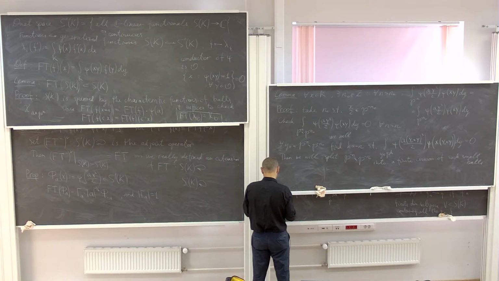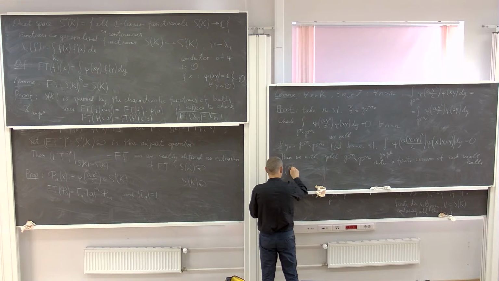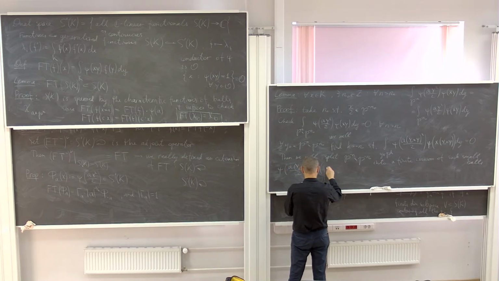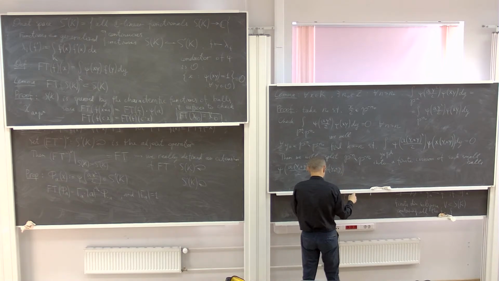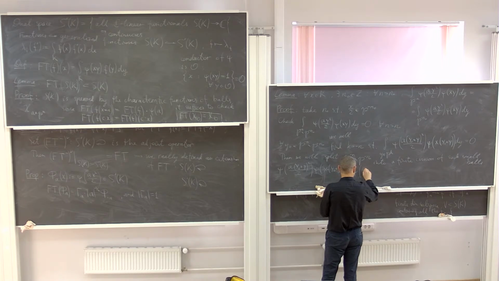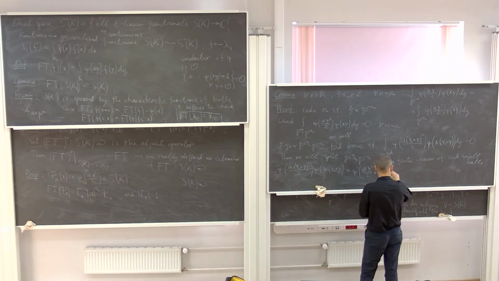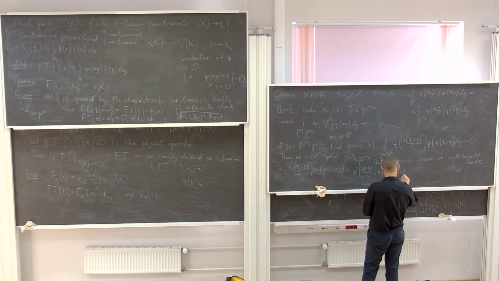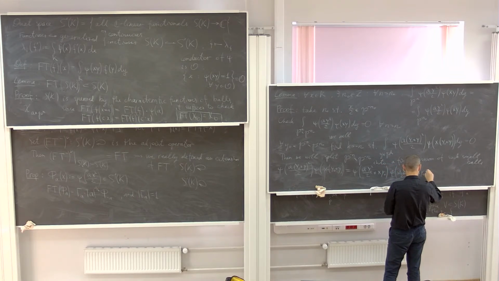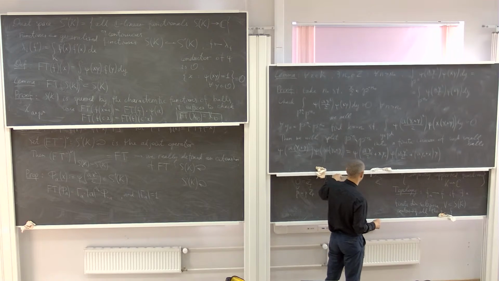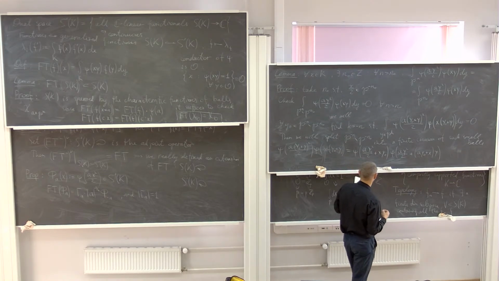Okay, and then we will have that psi of a (y0 plus y) squared over 2 times psi of x (y0 plus y) is equal to psi of a y0 squared over 2 plus x y0, times psi of a y squared over 2 plus (a y0 plus x) times y. Yes, that's true.